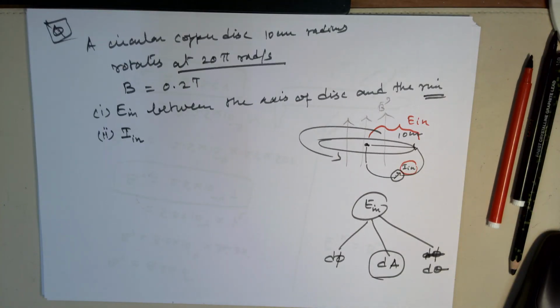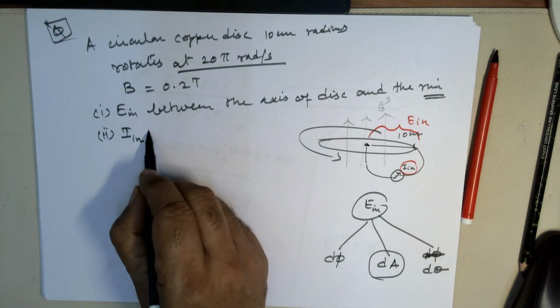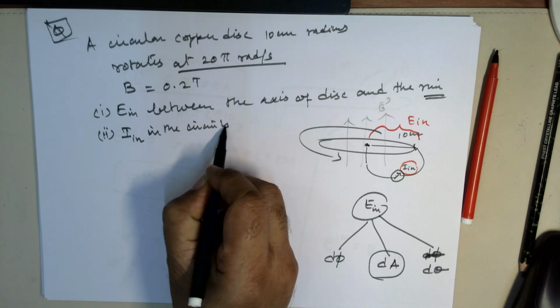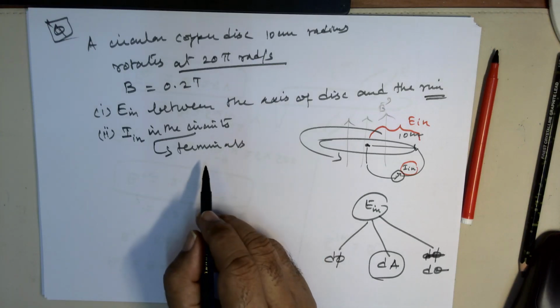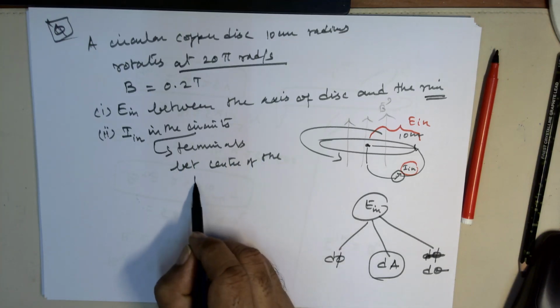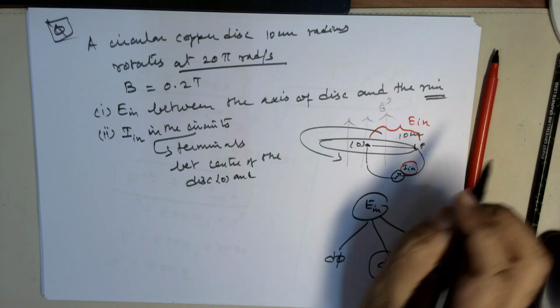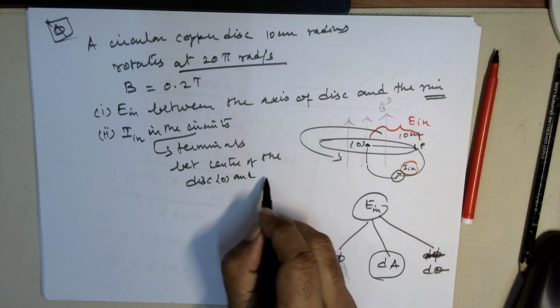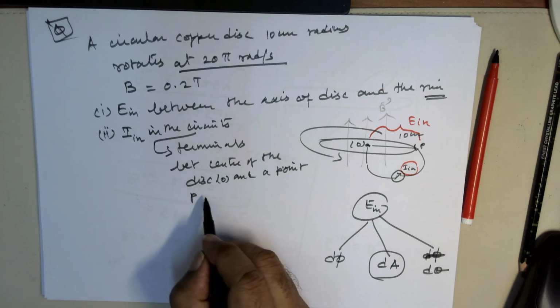So what is I_IN? I_IN is the induced current in the circuit whose terminals are connected between the center of the disk, let me say this is O, and the edge, let me put P, a point P in the rim.